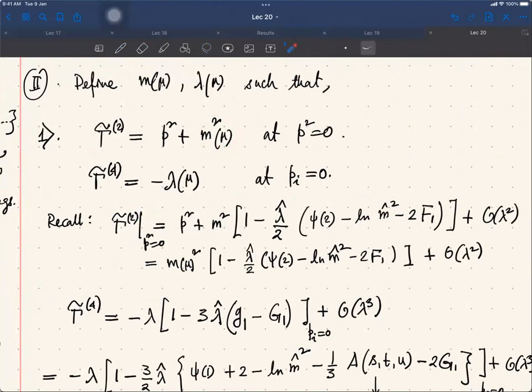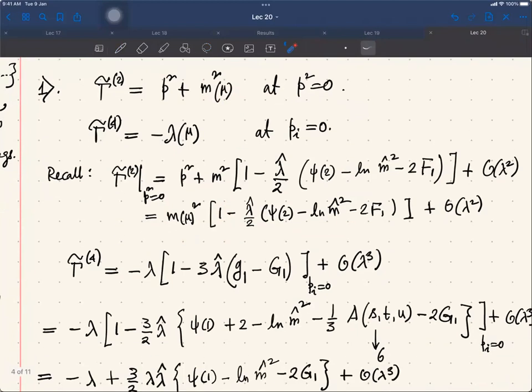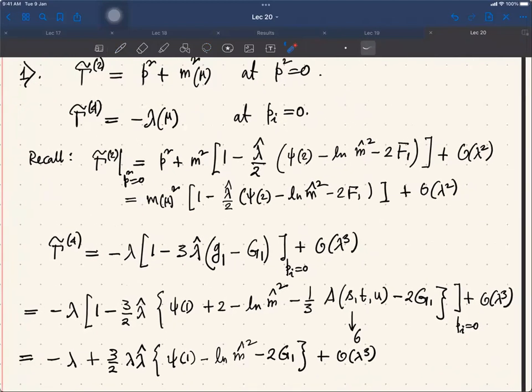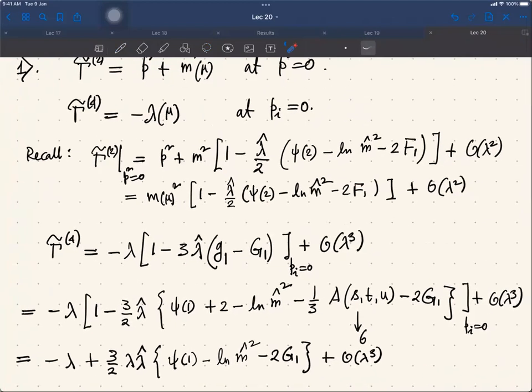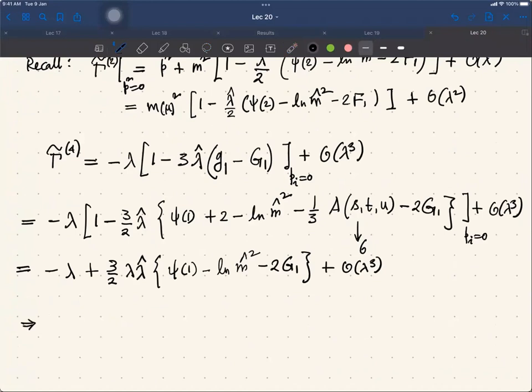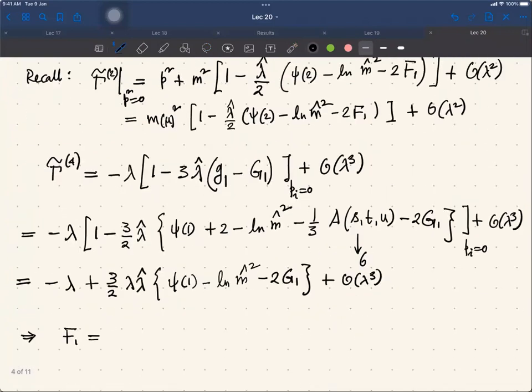So then it should be m square. That means we should pick only one and the rest should be 0. And that allows you to fix f1, so this psi 2 minus log m hat square minus 2f1 should be 0. So this says f1 should be equal to half psi 2 minus log m hat square.